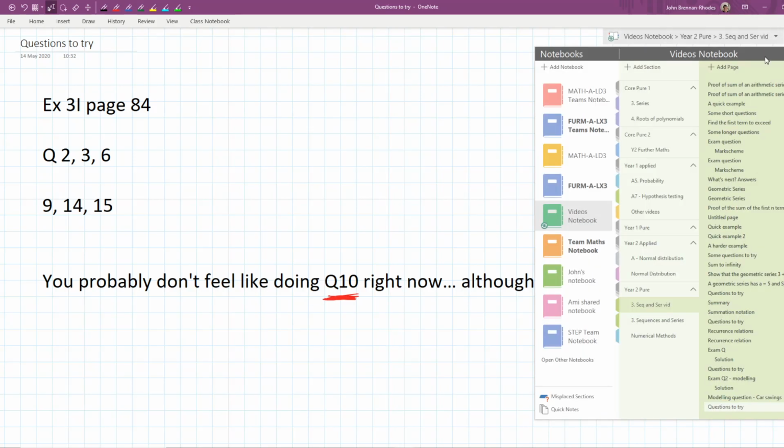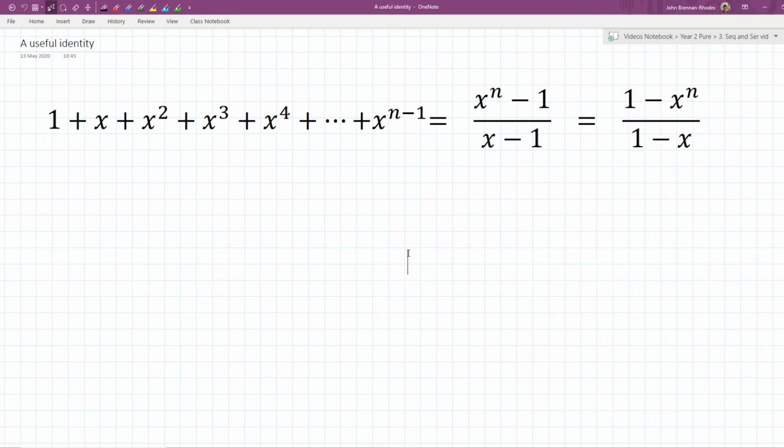Okay, so I'm going to move on now to, firstly, a really useful identity. It's not something you have to know, but it can be really useful.